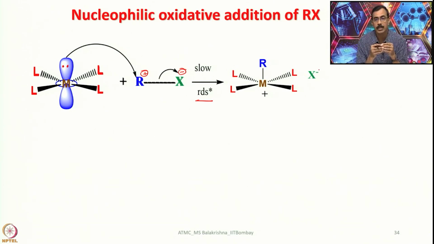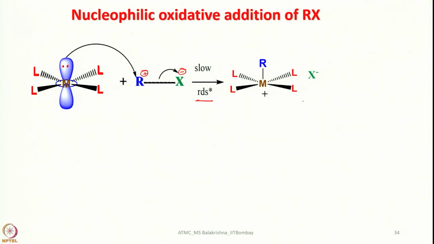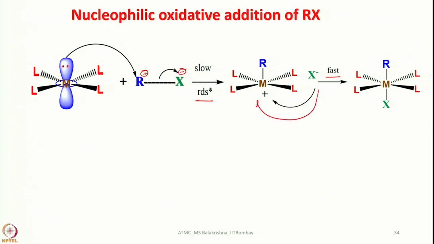So oxidative addition is halfway through. Now the nucleophile attacks this position and the reaction is completed in the next step, which is fast. Because the nucleophile is attacking here, it is called nucleophilic oxidative addition. This is the path followed by most polar substrate molecules.